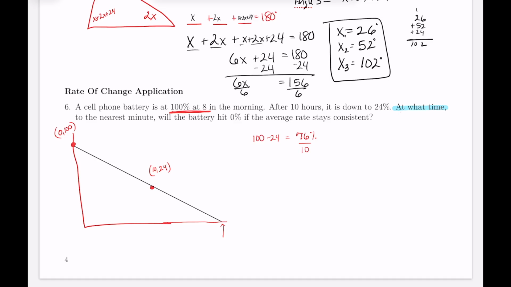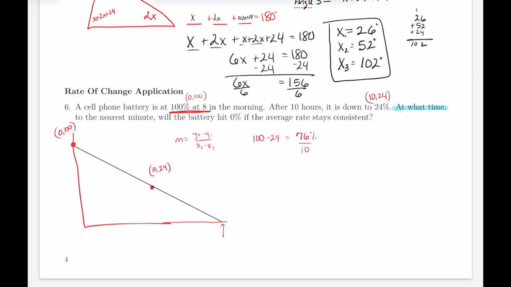Now, if you're using what's called the slope formula, we can do something that looks like this, where we'd say y2 minus y1 over x2 minus x1. And if we want to do it this way, that's no problem, because our ordered pairs are 10, 24, and 0, 100.